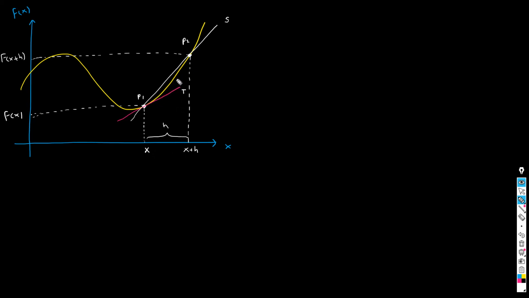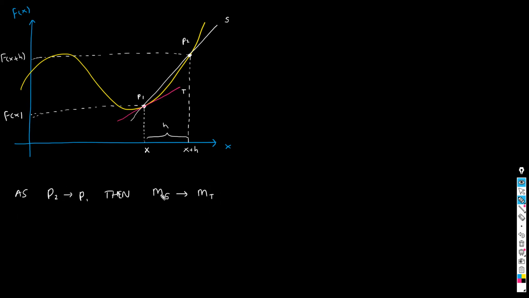So as P2 approaches P1, the secant line approaches the tangent line, and we can write the following. As P2 approaches the point P1, then the slope of the secant approaches the slope of the tangent, which is what I'm looking for.